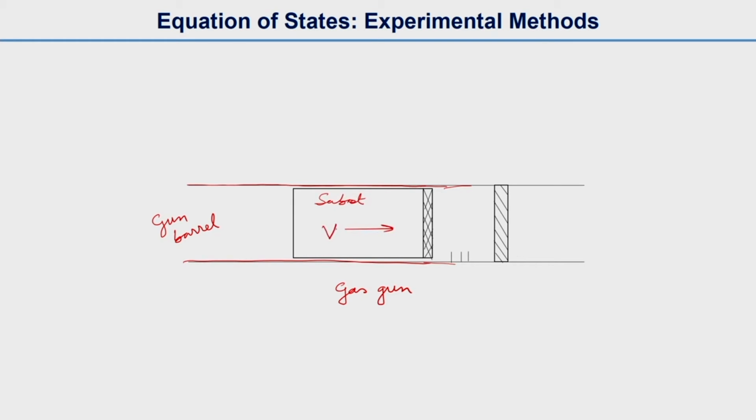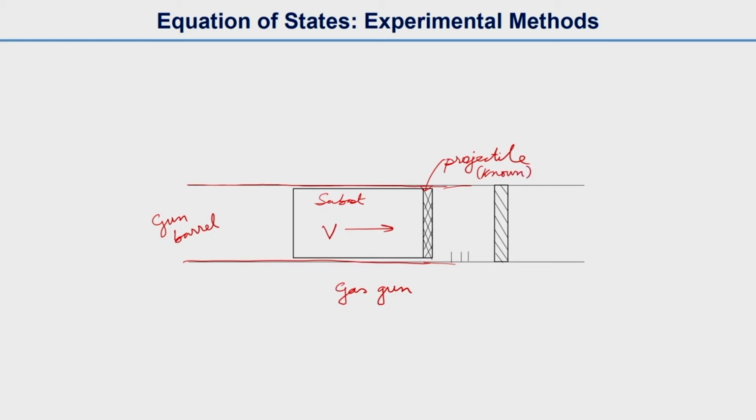It's moving at a velocity v, and this is the projectile, or if you have maybe a flyer plate. So, the projectile is known.